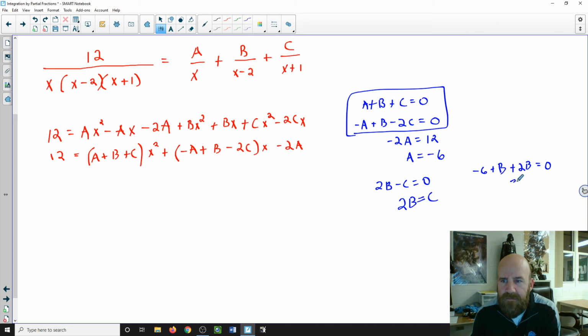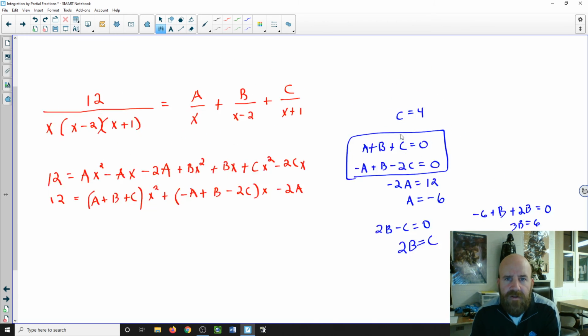So we have 3b equals 6. B equals 2. So now if I have a negative 6 plus 2, that's negative 4. How do I get 0? Well, c has to be 4.